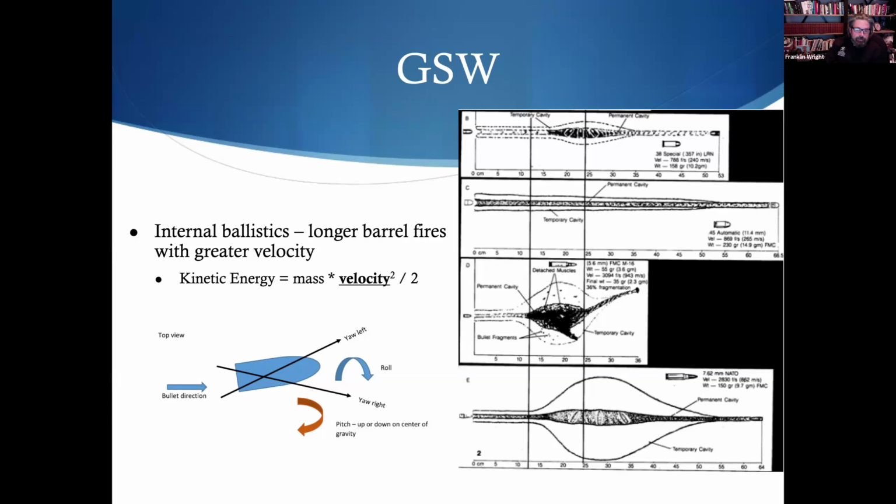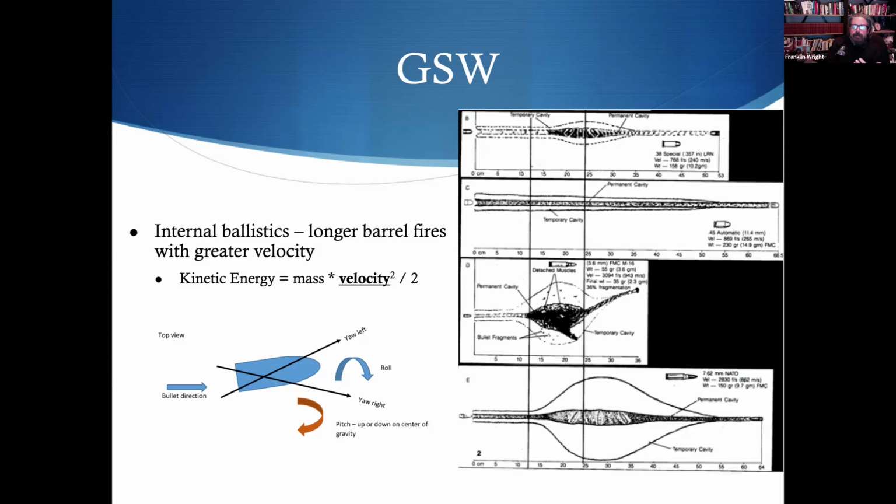Gunpowder is a propellant. So when we ignite gunpowder, it releases gas very quickly, and gas pushes the bullet down the barrel. Yes, there's a muzzle flash from that gas burning off, but it's not actually an explosive reaction, it's a gas propulsion reaction. A longer barrel, within limits, allows more time for the gas trapped in the barrel to propel the bullet at higher speeds.